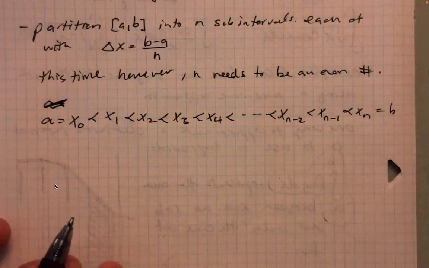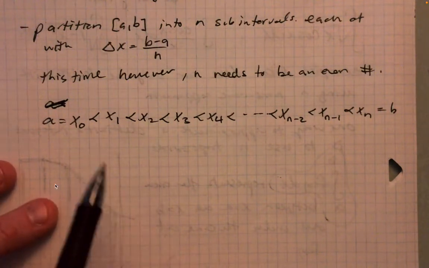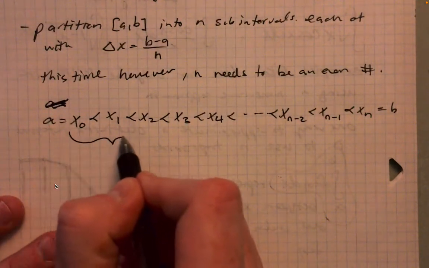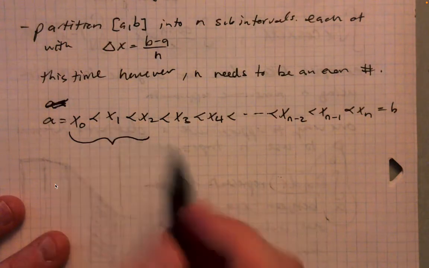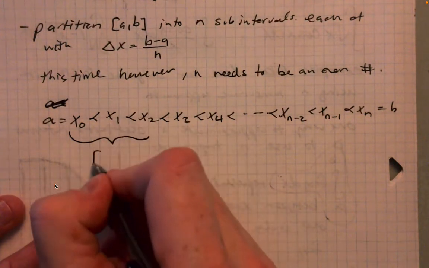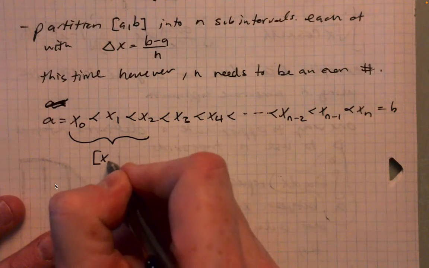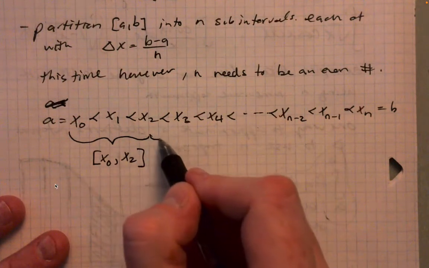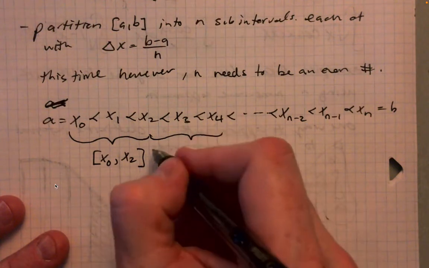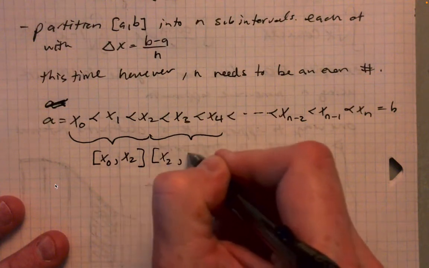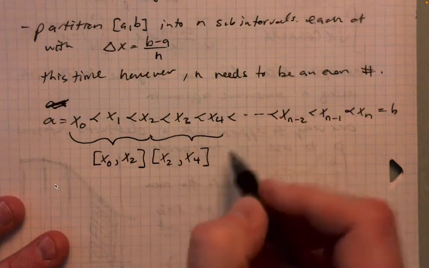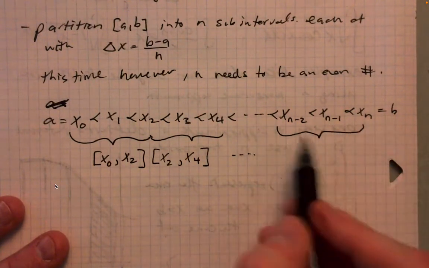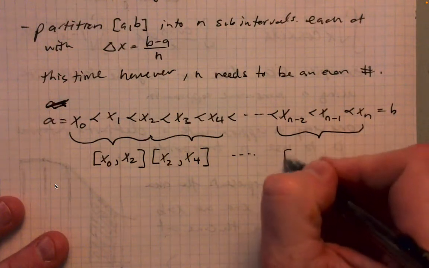And I put some extra terms in here because we're going to define double subintervals. So we're going to have this subinterval from x0 up to x2, and then another from x2 up to x4, and so on. And then we'll have this last one from xn minus 2 up to xn.